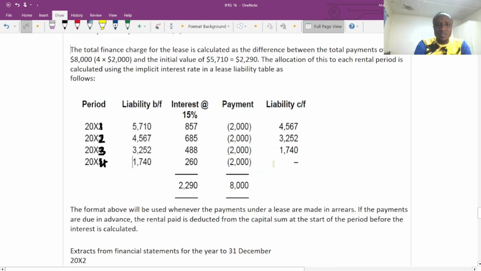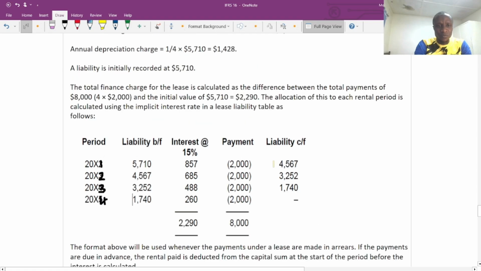Very simple. Now at year one, we are going to prepare the lease liability table for payment made in arrears. And again, it's very simple. For year one, we are going to take the lease liability, which is 5710, the initial recognition amount. So now we are going to add the interest. We are going to calculate 15% of the balance brought forward because the payment is made in arrears.